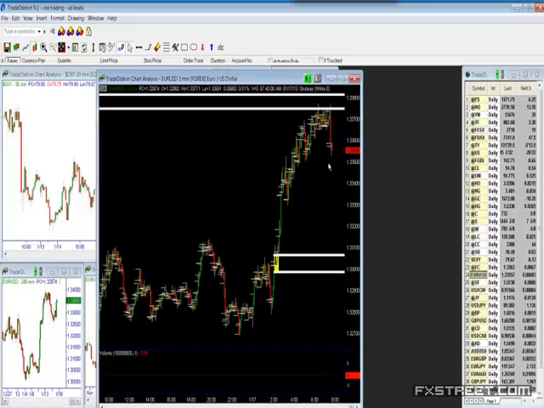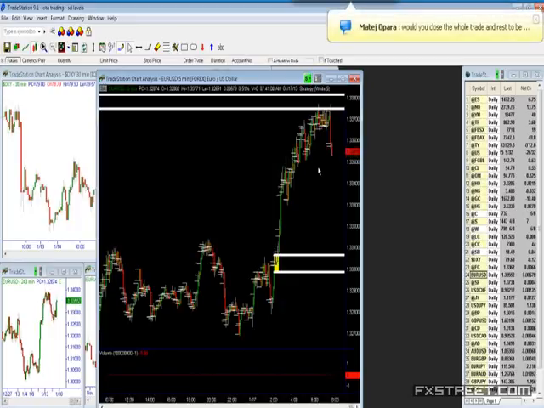I know a bunch you got in at 73, you said, I think. So you're up almost 20 ticks. Just remember, you could get a bounce here. So you might want to get out of part of your position at least just before this level. Make sense? And it's always good to buy into weakness when you're short, sell into strength when you're long, as you reach that opposing level, if that makes sense.